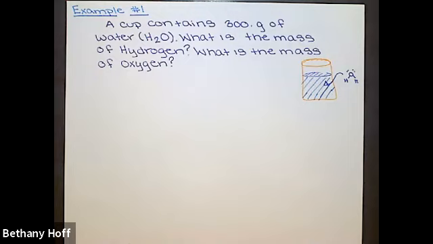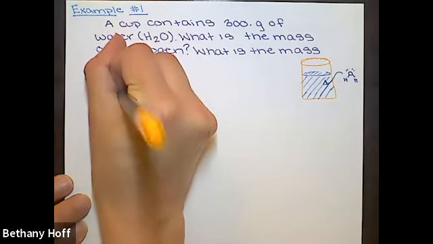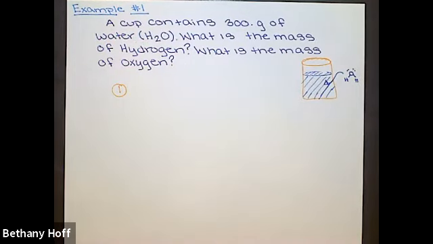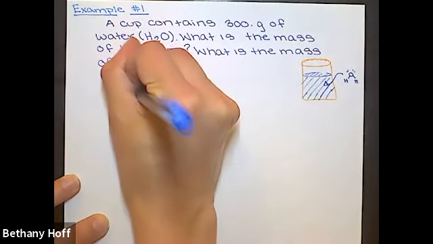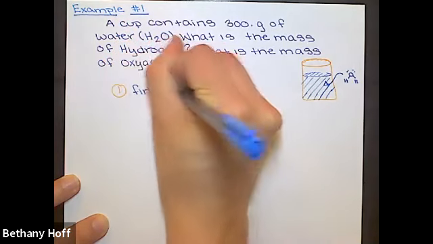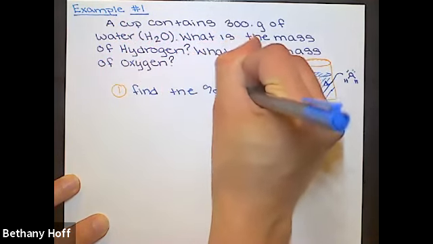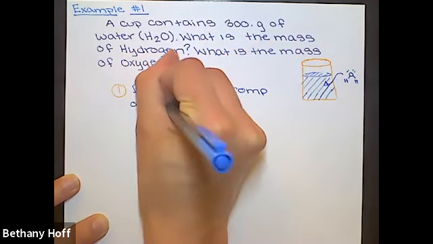So let's think about our steps. There are actually 3 steps that we can use. Step number 1: you are going to find the percent composition of each element in the compound.